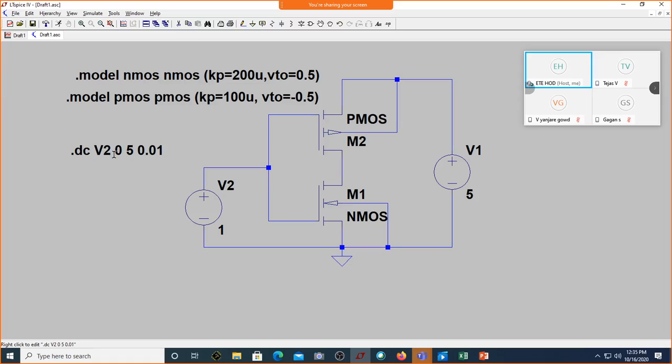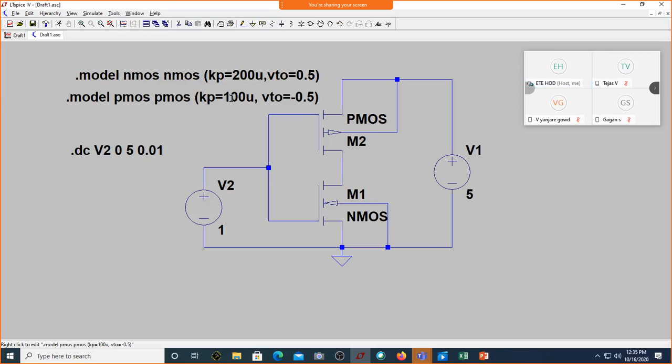You can see now I'm sweeping the voltage. Input voltage, DC sweep, is done from 0 to 5 volts with an increment of 10 millivolts. Correct? Just note down: Kp of NMOS is 200, Kp of PMOS is 100. That is, mu n by mu p is 2.